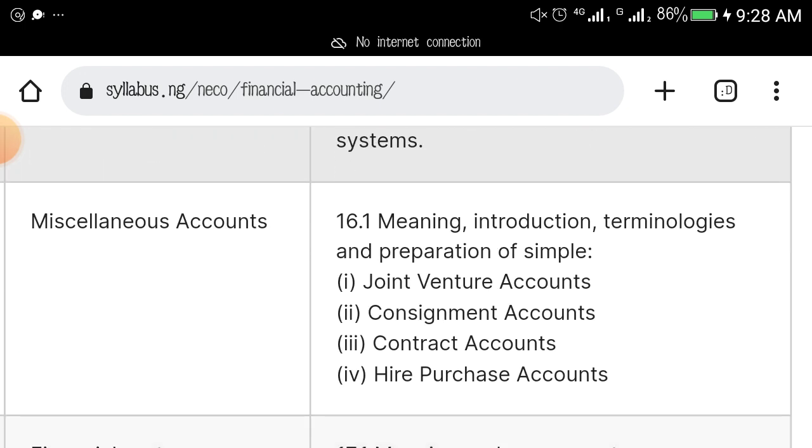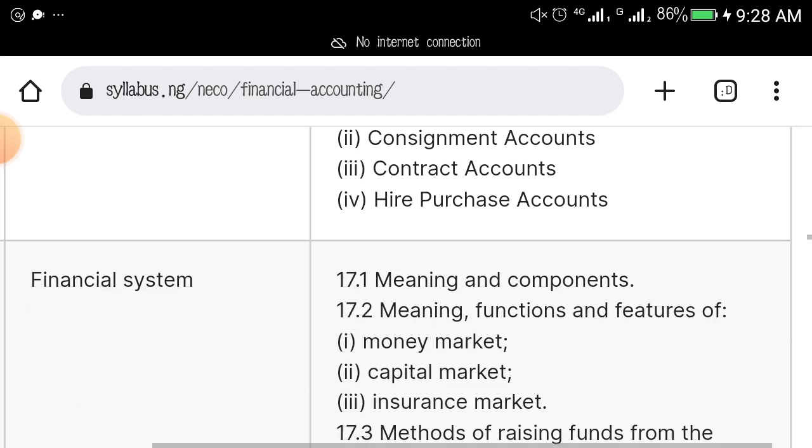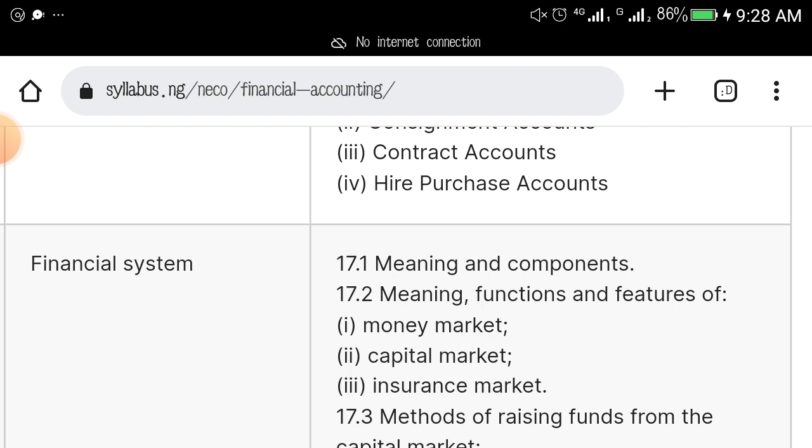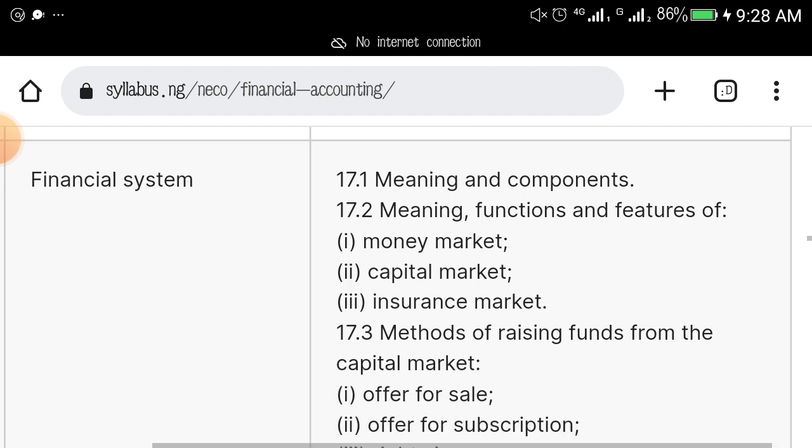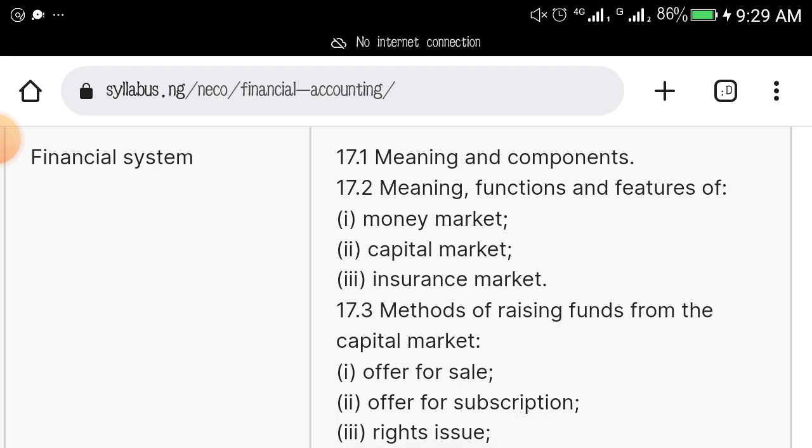Then read miscellaneous accounts. Miscellaneous account, meaning introduction, terminologies, and preparation of simple joint venture account, consignment account, contract account, hire purchase account. Read up financial systems like meaning and components of financial system, meaning, functions and features of money market, capital market. Of course, you should know these things as a financial account student.